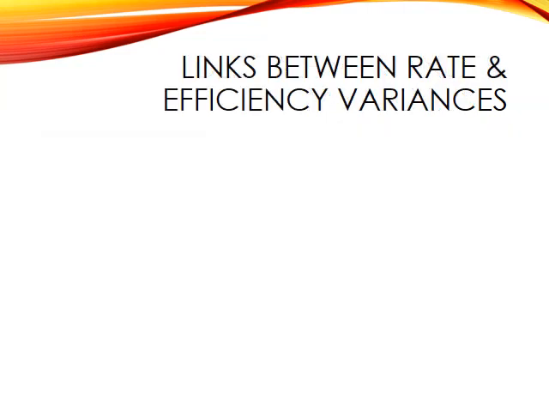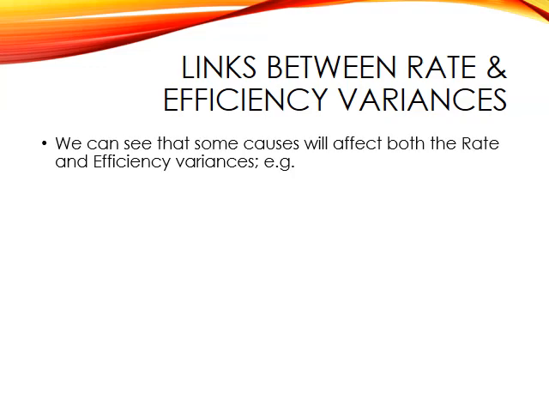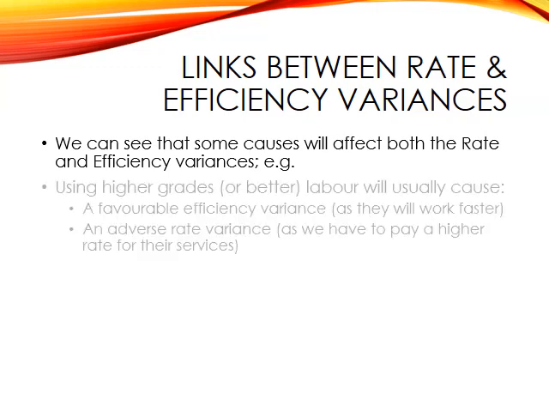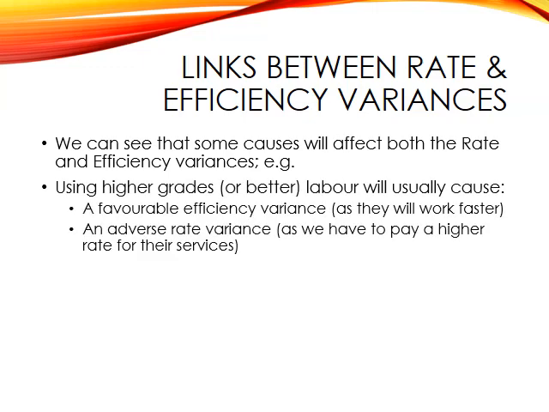When we've been through the different causes of variances, you will have noticed that there are certain things that crop up in more than one category. This is because they'll affect both rate and efficiency variances. The most simple example is where we use a different grade of labour.